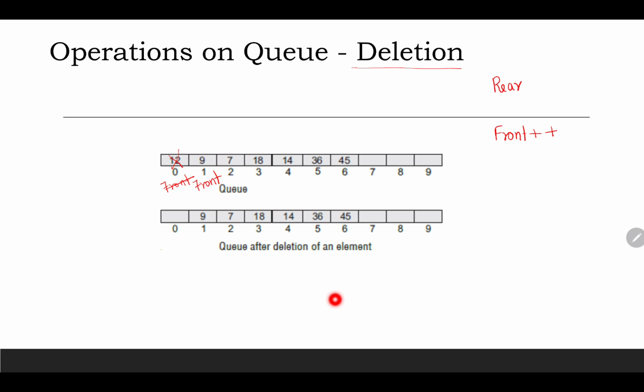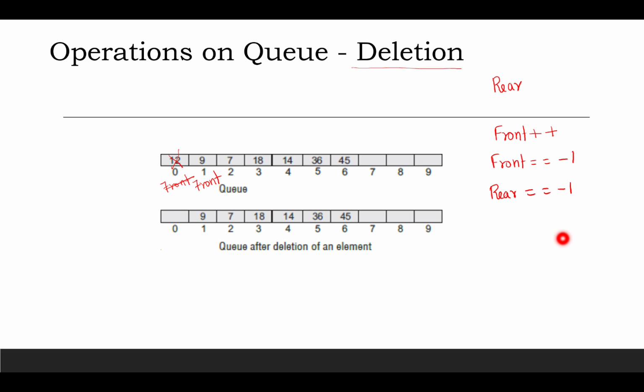When you are doing the deletion, we have to check one condition: front is equal to -1 and rear is equal to -1. Why are we checking this condition?